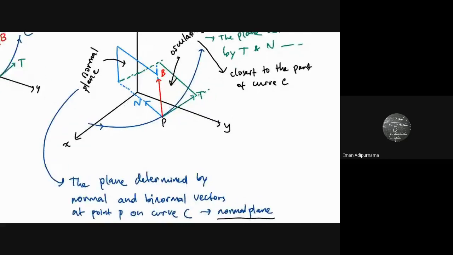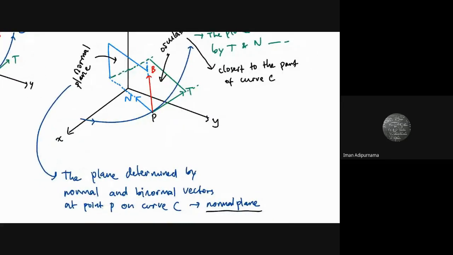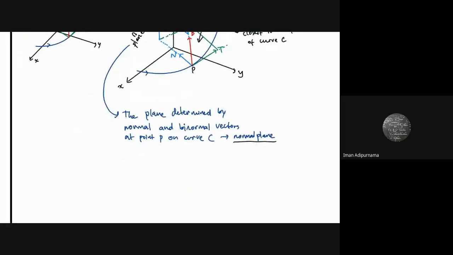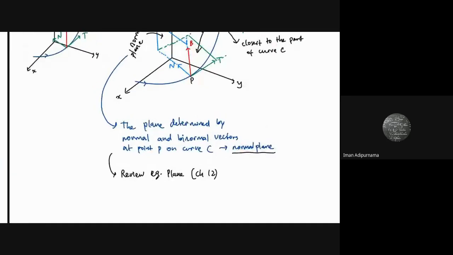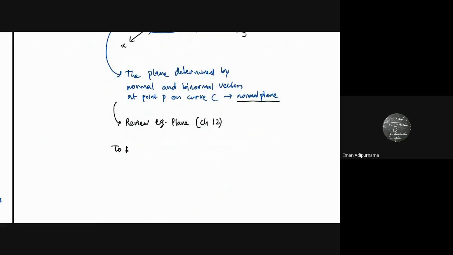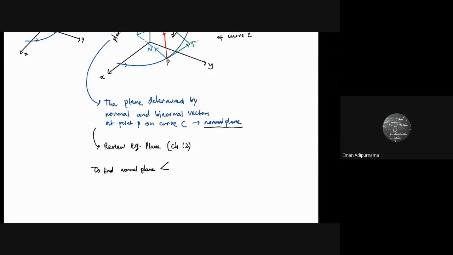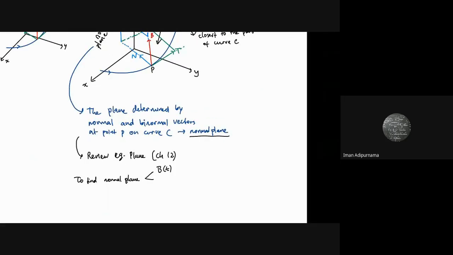So how to find the plane? We are going to use the equation of the plane from chapter 12. I hope you still remember that. You need to review the equations of plane in chapter 12. For example, to find the normal plane, what you need to do is find the normal and then binormal, and you get the vectors, right?